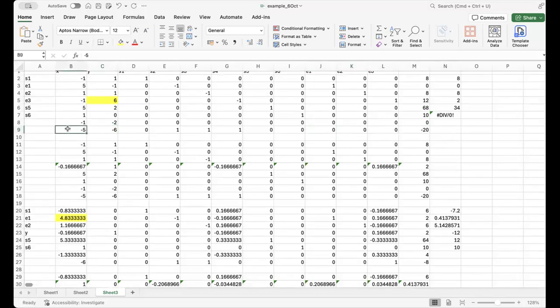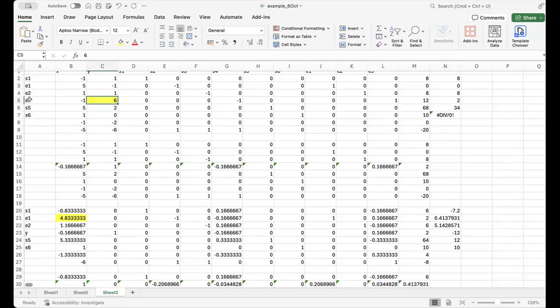So we look at this most negative coefficient first and find the pivot element. This is the pivot element. We use the same trick.